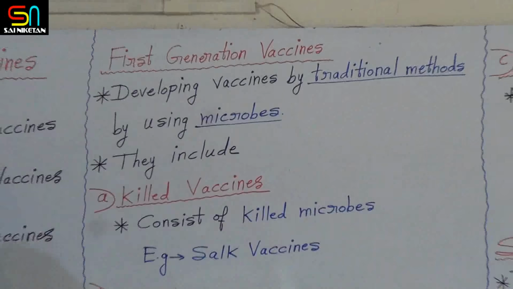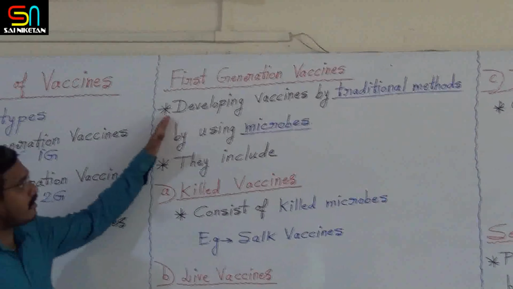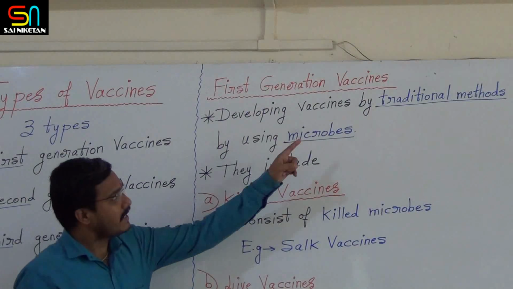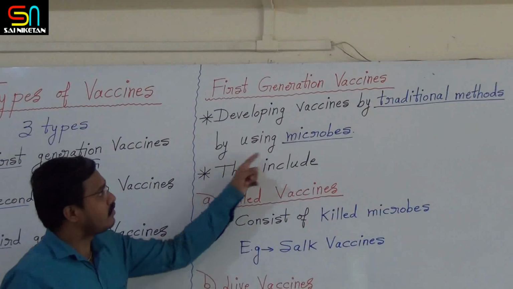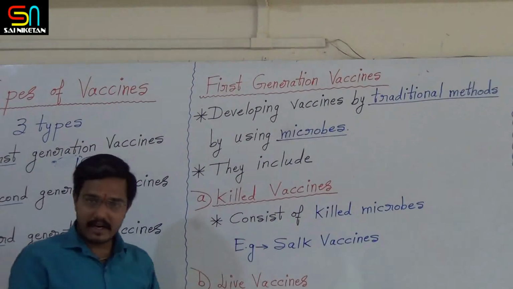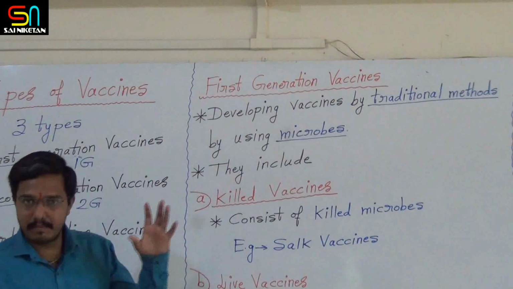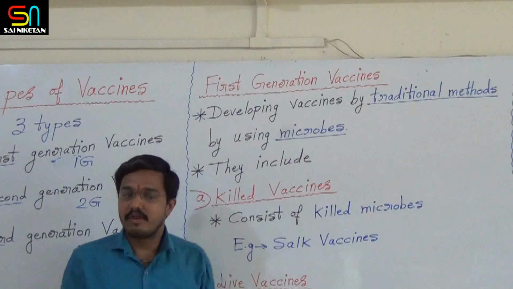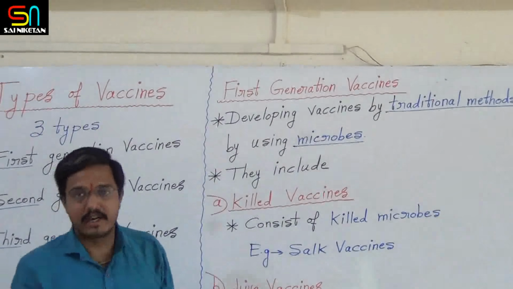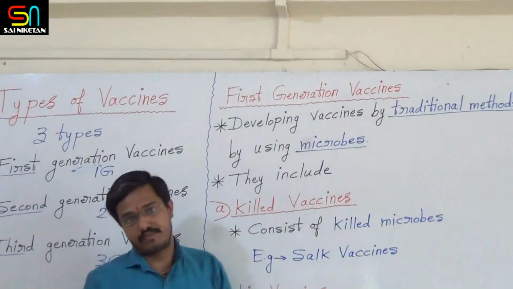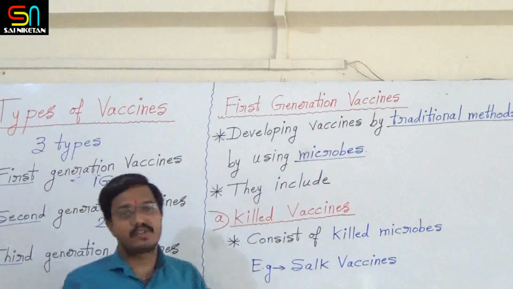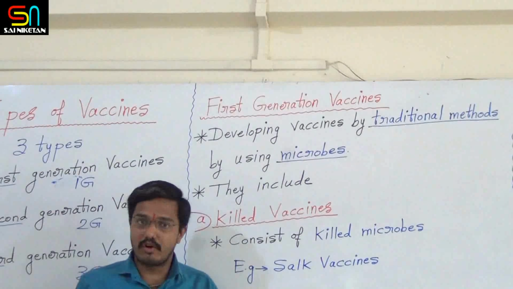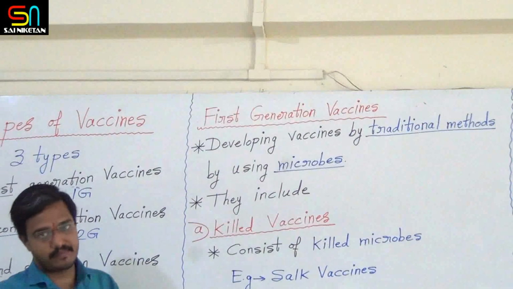They are the vaccines developed by traditional methods, directly using the pathogens of that particular disease, and that pathogen is used for production of the vaccine. Developing vaccines by the traditional method of using microbes is called first generation vaccines.